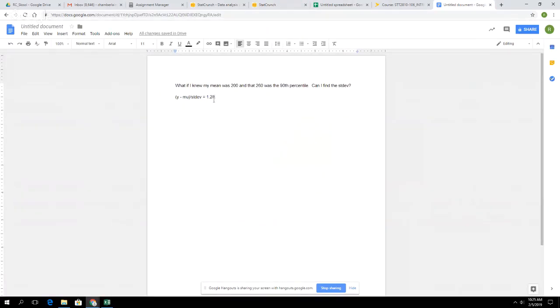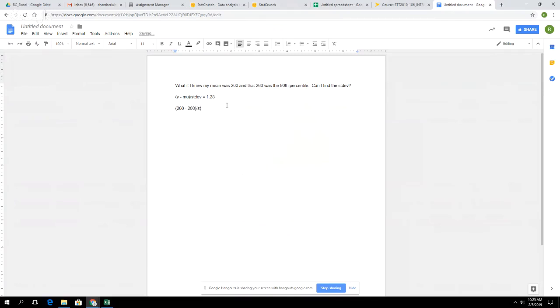So what do we have to do here? We have to solve for standard deviation. We know the average, right? We know our data point. So let me plug in our numbers, right? I know that my data point, my 90th percentile, is 260. I'm subtracting from that 200, the mean.